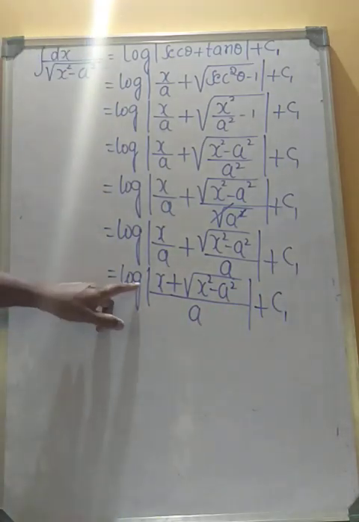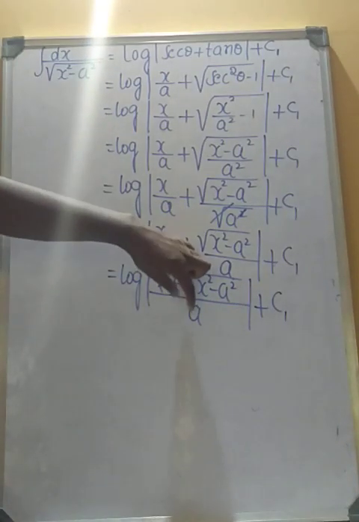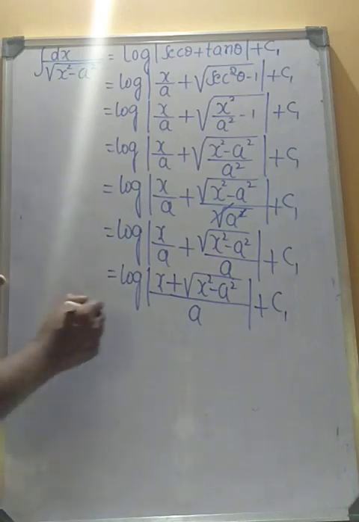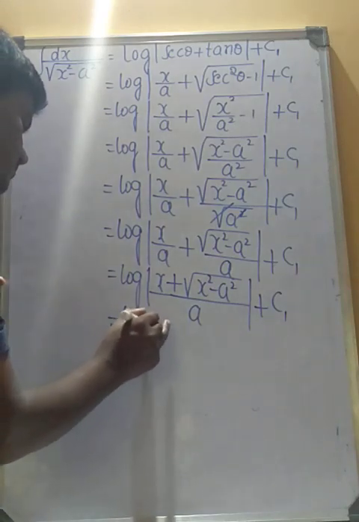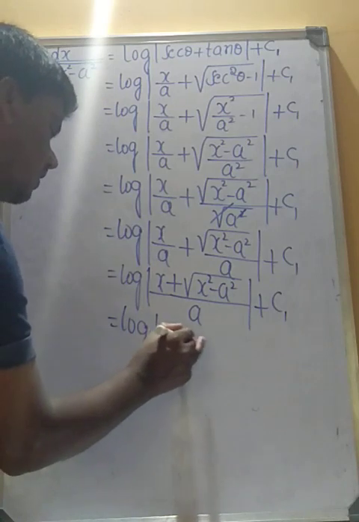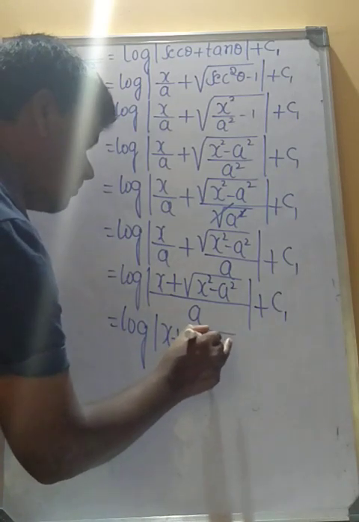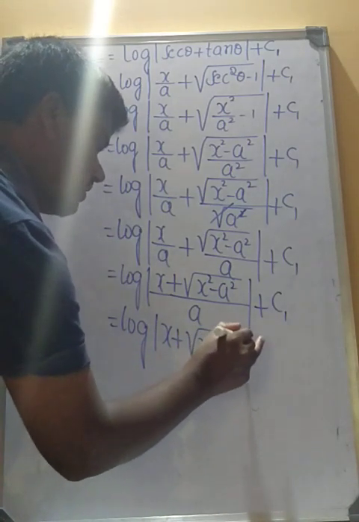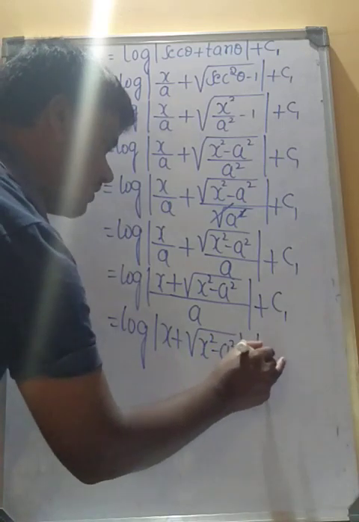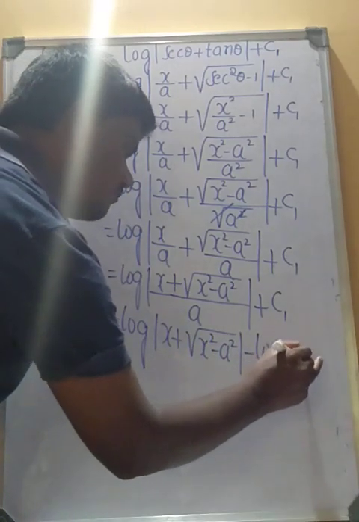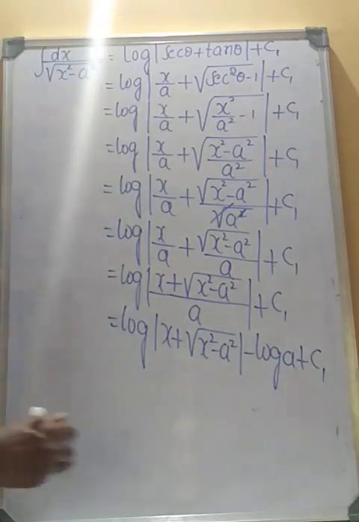You know the form of log of a by b: log a minus log b. That is equal to log of mod x plus root of x square minus a square minus log a plus C1.